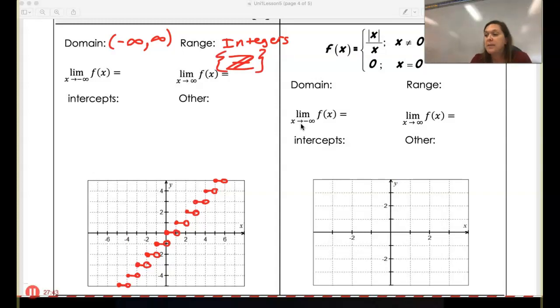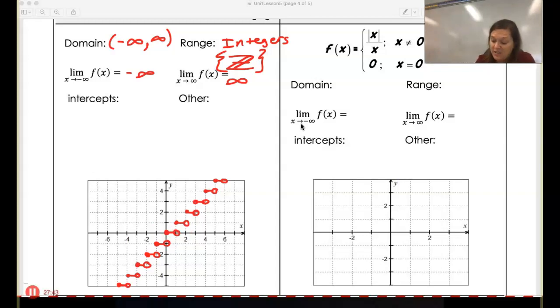Okay, so what's our end behavior? As we're going to negative infinity, it just keeps going down, down, down. So it's going to negative infinity. On the right side, it's getting positive, positive, positive. So it's going to positive infinity. What are your intercepts? Notice how all your intercepts occur right in that constant part of the graph.